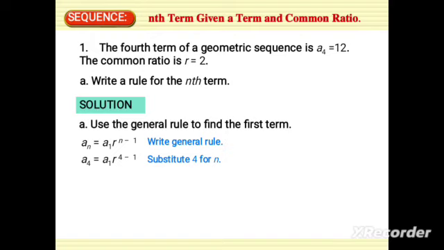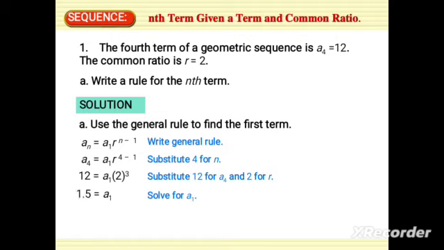But the fourth term, we were told it is 12. So that means we are going to substitute so that we find the unknown. And the unknown here is a. So that will give us the value of a, that is the first term, to be 1.5 or 3/2.